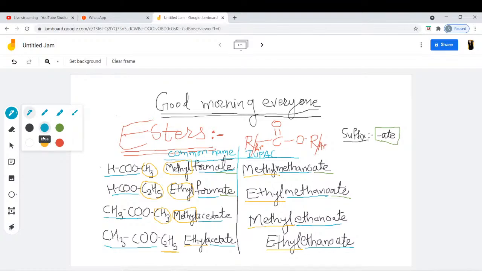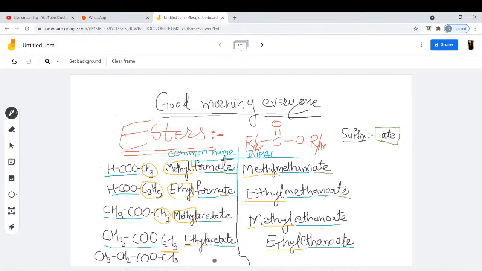Taking another example, propanoic acid: CH3CH2COOCH3. Try its common name and IUPAC name by yourself. One, two, three: it was a three carbon acid, three carbons means propane, so propanoate.